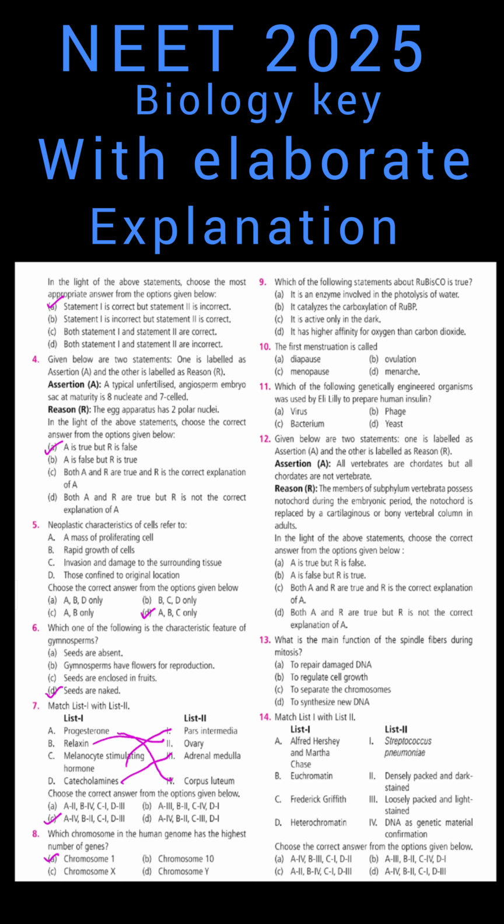Next, which of the following statements about Rubisco is true? The answer is, it catalyzes the carboxylation of RuBP. Carboxylation is the fixation of carbon dioxide into a stable organic intermediate.